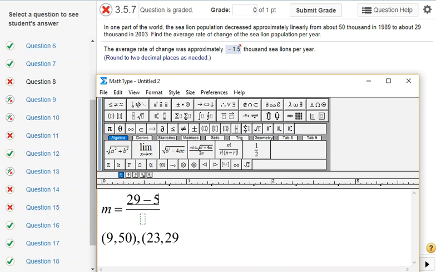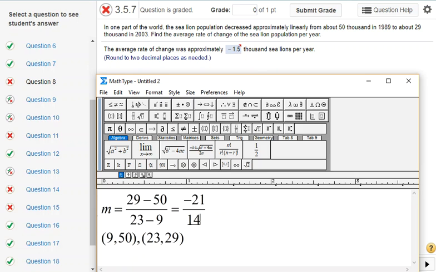y2 minus y1 over x2 minus x1. And if we subtract those, I think I have my calculator right here. I've got 29 minus 50 on the top, which gives me negative 21, over 23 minus 9, which gives me 14.